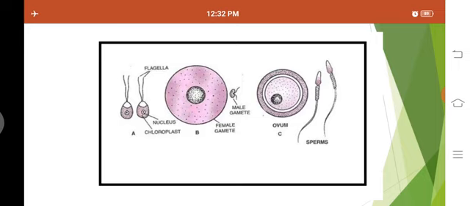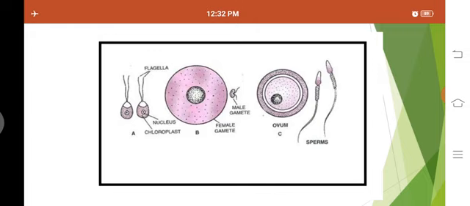Understood? Okay, then next you can see the male gamete and the female gamete. For heterogamete, you can see the B diagram, which we are giving as the example. Hetero is nothing but different. Both male and female gametes are different in their appearance. You can consider the size also.